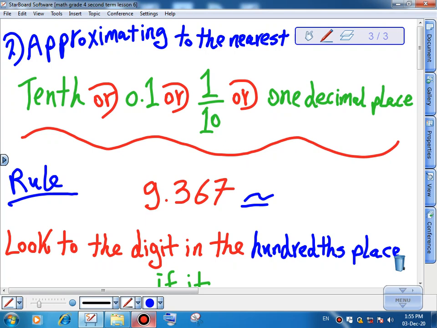In this case I need to approximate to the nearest tenth. If I have 9.367, I need to approximate to the nearest tenth. Where is the tenth place? It is 3. In this case, I look to the digit after the tenth place, which is the hundredths.